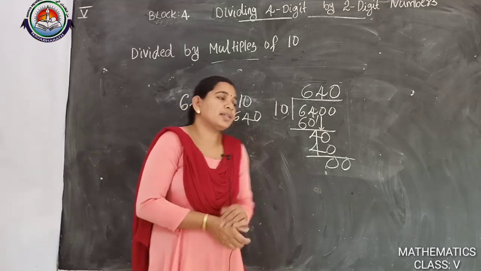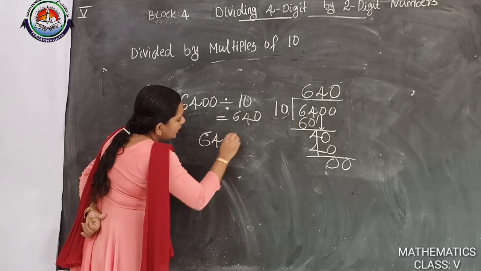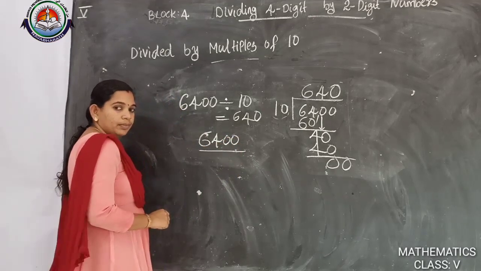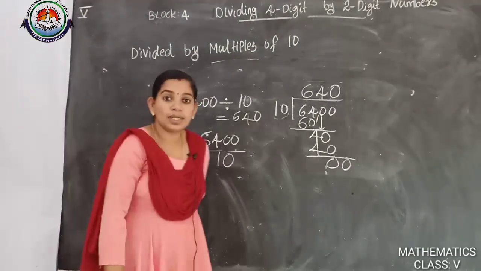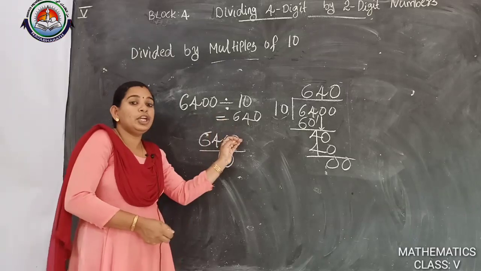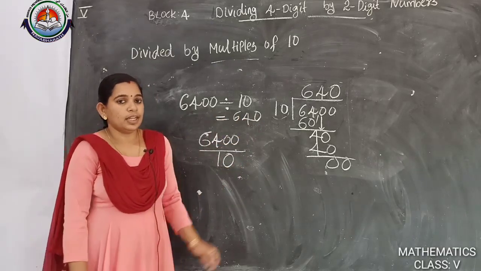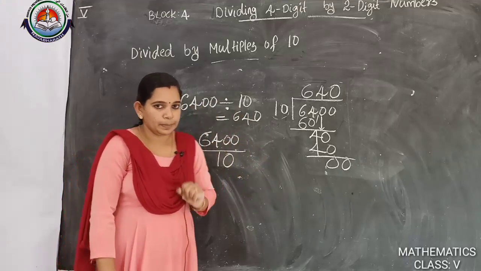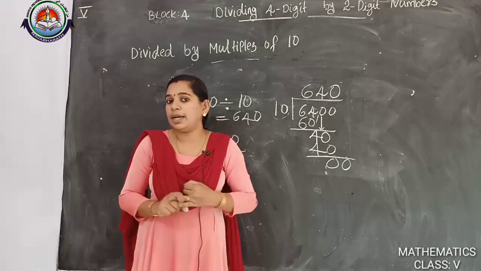Another method is there. Okay, we write 6,400 divided by 10 in fraction form. First number the numerator and second number the denominator.